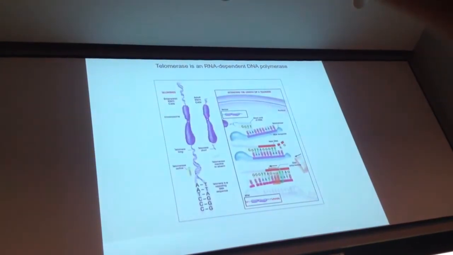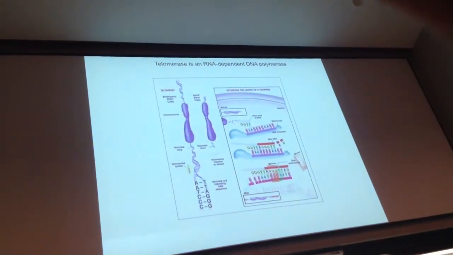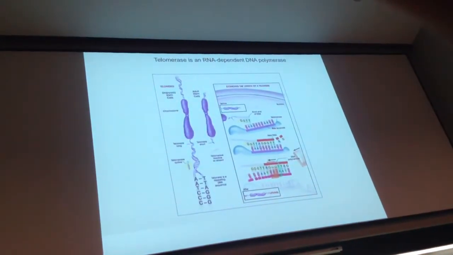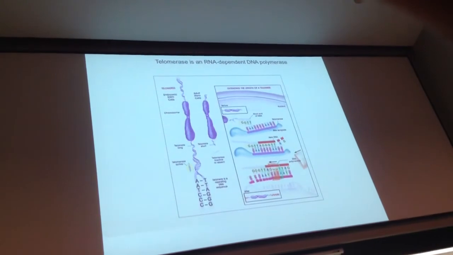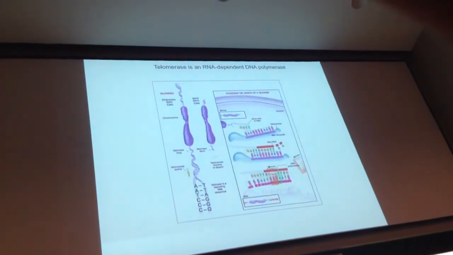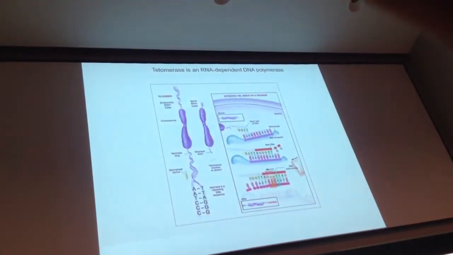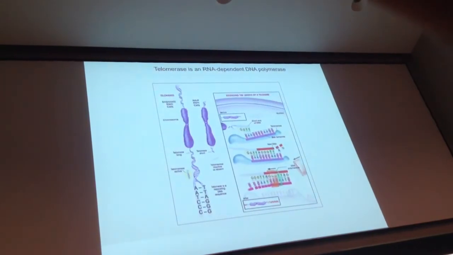What kind of a polymerase is this enzyme telomerase? How would we define it as opposed to a DNA polymerase? I guess I don't know how to ask this question. So DNA polymerases, what are they using for a template? DNA. So they're DNA-dependent DNA polymerases, right?